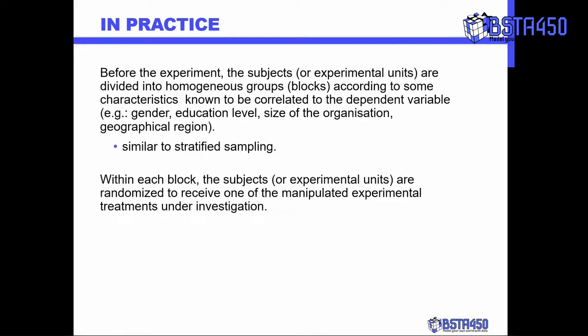So in other words, before the experiment, the subjects are divided into homogeneous groups, blocks, according to some characteristics known to be correlated to the dependent variable. When we talk about stratified sampling, it's as if we were to categorize everybody by their hair color. You can have blonde, red, brown, black.